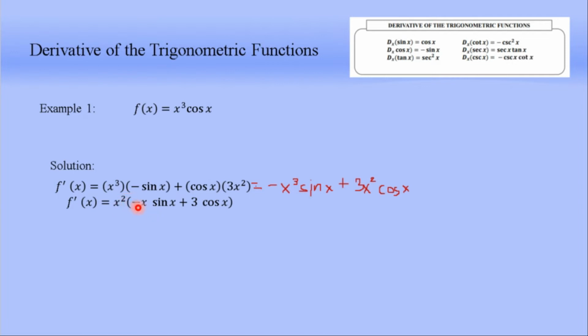So you have the x squared times negative x from negative x squared. We're going to remove x squared, so it's just going to be negative x sin x plus 3 cos x. So this 3x squared, since we removed x squared and placed it outside, it's just going to be plus 3 times cos x. And that's it. This is the derivative of this trigonometric function.